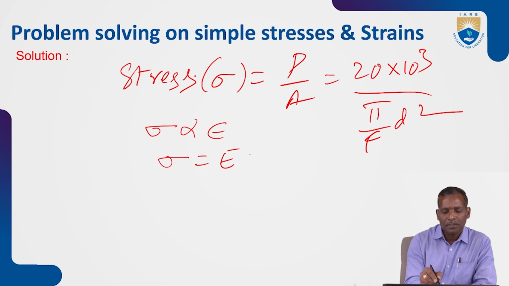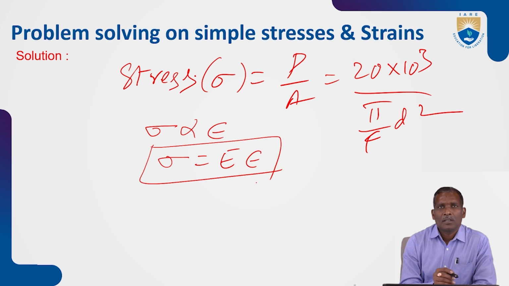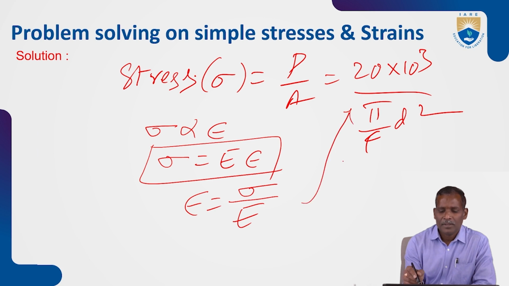Stress is equal to E into epsilon. So strain is equal to stress upon Young's modulus. Stress you have already calculated, so substitute in this relation and you will get the strain.